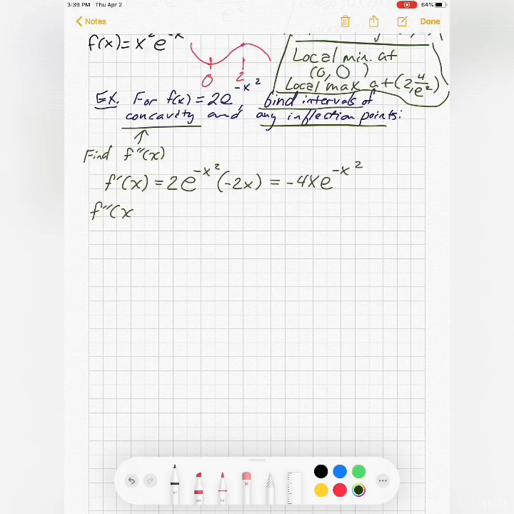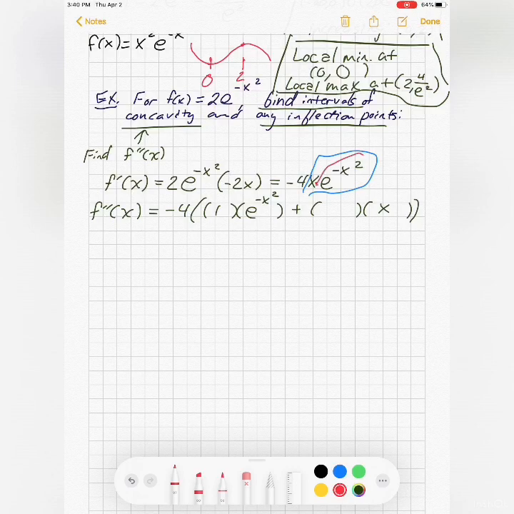Second derivative. -4 comes along, then I'll use my product rule. Okay, so -4 has been accounted for, so I'm looking at this unit, and I'm looking at the product here, right? So derivative of x is 1, e to the negative x squared, and then derivative of e to the negative x squared is e to the negative x squared times -2x.